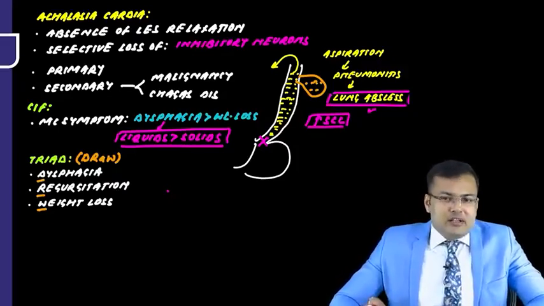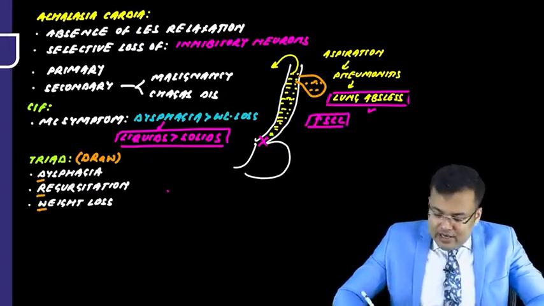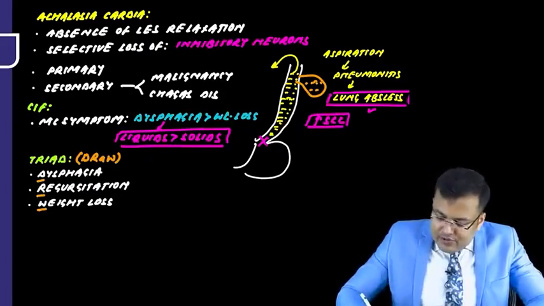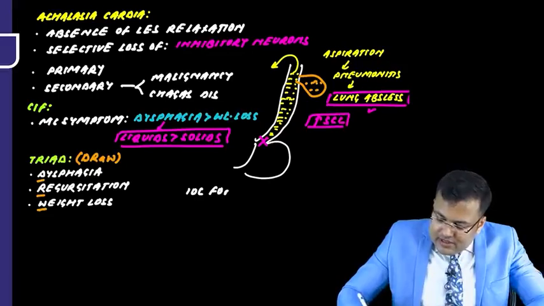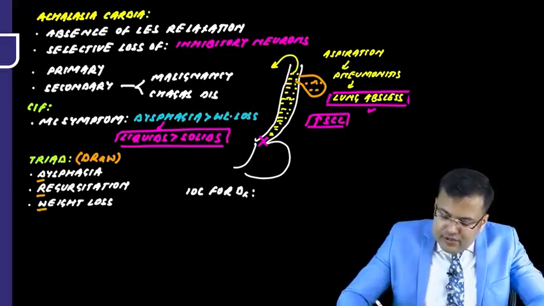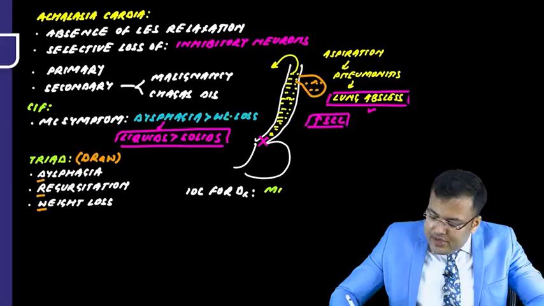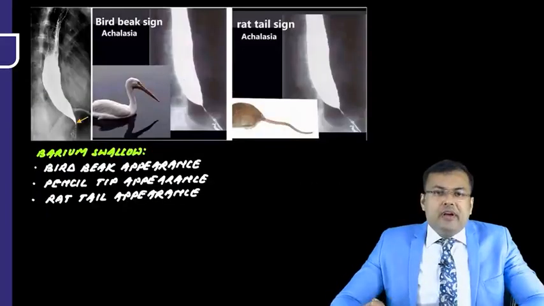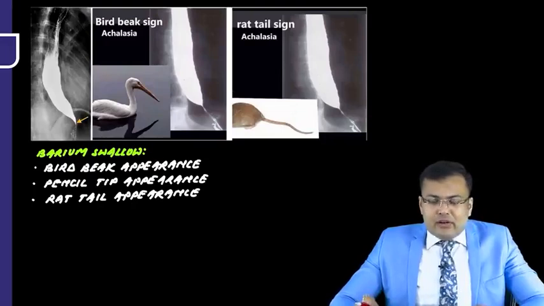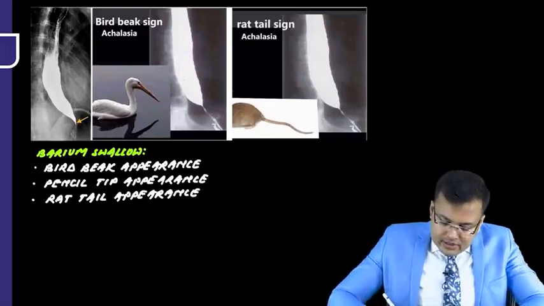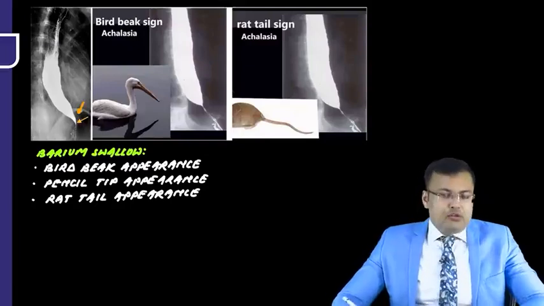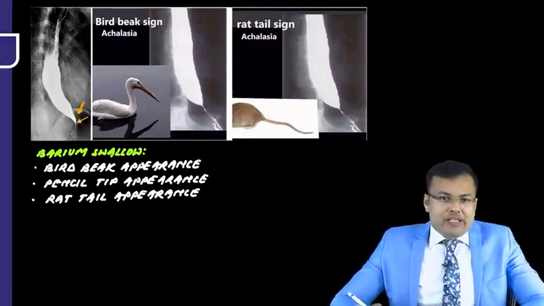We already discussed the investigation of choice for diagnosis, that is manometry. There are characteristic signs seen on barium swallow. You can see here, this is known as bird beak, also known as pencil tip, also known as rat tail appearance.